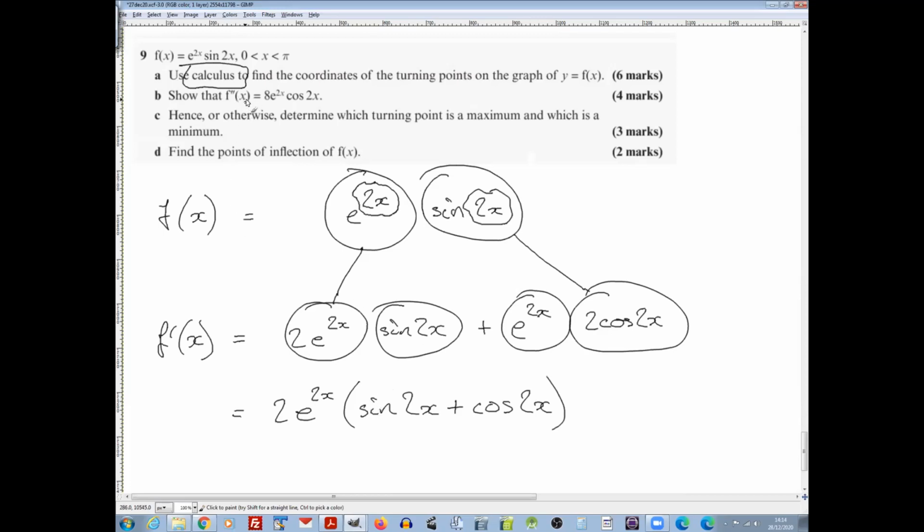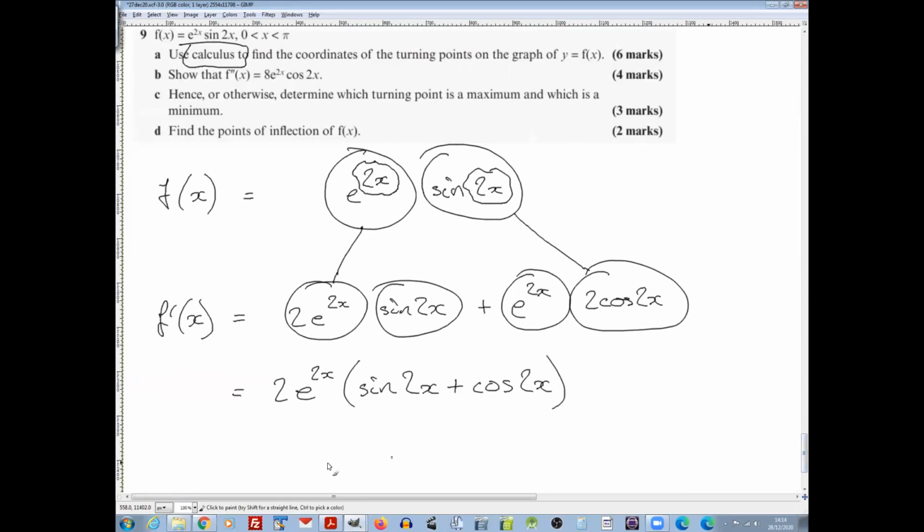And yet they haven't asked us to differentiate again until part B. So perhaps the first derivative was enough to find the coordinates, if we don't need to know whether they're max or min. If it's indifferent between max and min, then we can go ahead and do what?